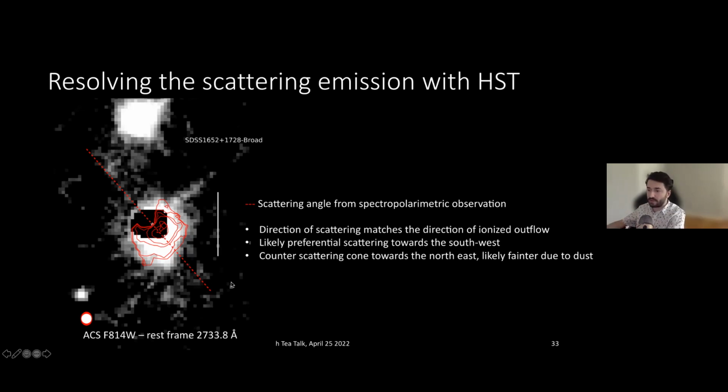So that was a very, very exciting result. We tried doing this for some other sources, but the sensitivity is just not always there. And we hope that maybe deeper observations in the future can do this. But this source specifically, we were able to see very clearly.